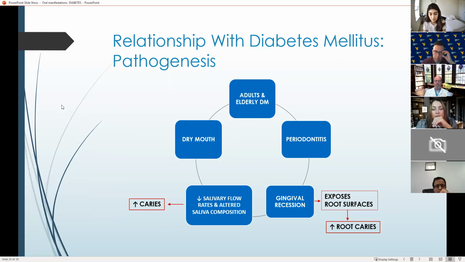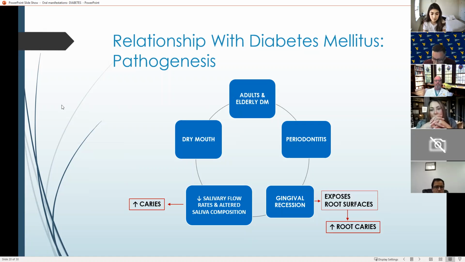Regarding the pathogenesis, in contrast to periodontal diseases, less is known about the biologic explanation for the possible association between diabetes and dental caries. It is important to know several complicating factors. First, adult and elderly individuals with diabetes often suffer from periodontitis, as discussed before.